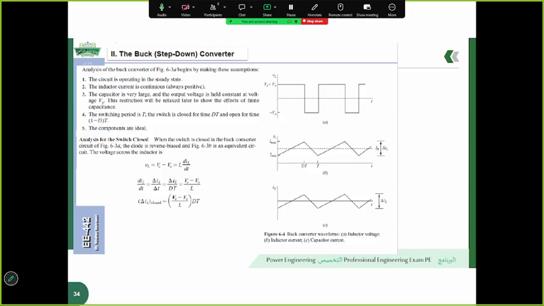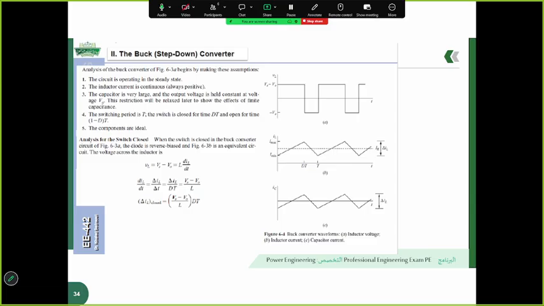From the inductor voltage equation, VL is equal to L di/dt. So over on time DT, delta IL is equal to (Vs minus Vo) over L times DT. So this represents the increase in inductor current during the on interval.